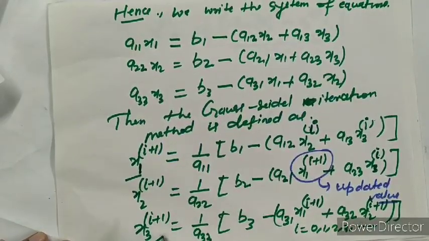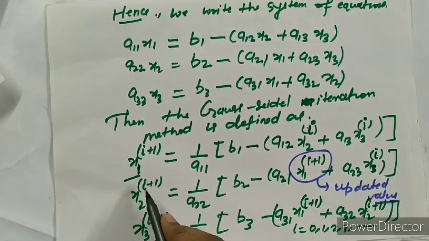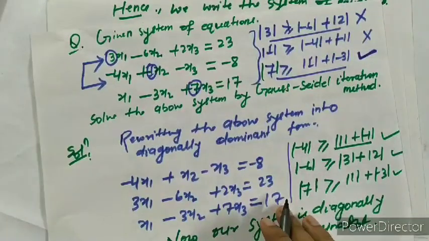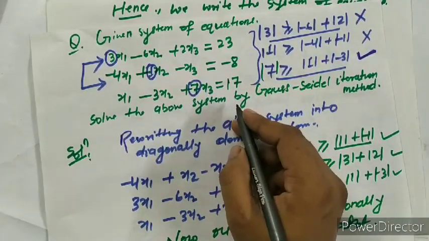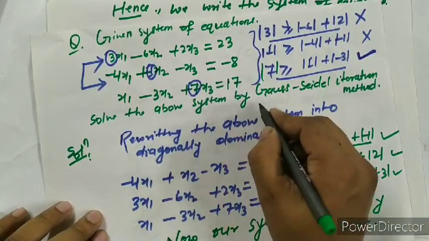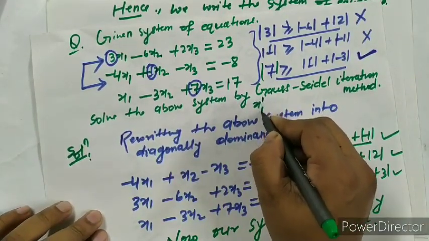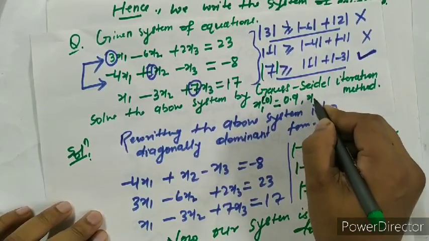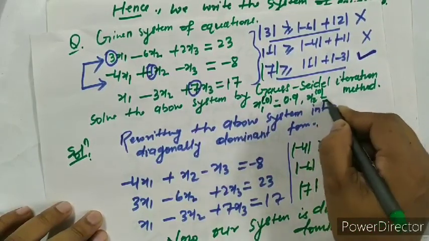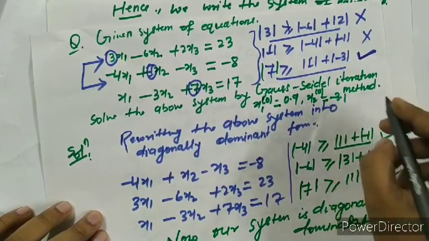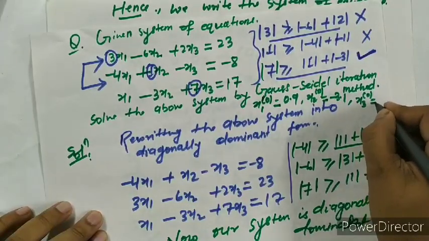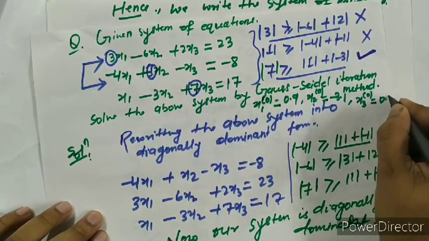Students, we have to use this iterative formula to find the solution of the given equation. One thing is also given here: the initial values. x1 naught is equal to 0.9, x2 naught is equal to minus 3.1, and x3 naught is equal to 0.9.